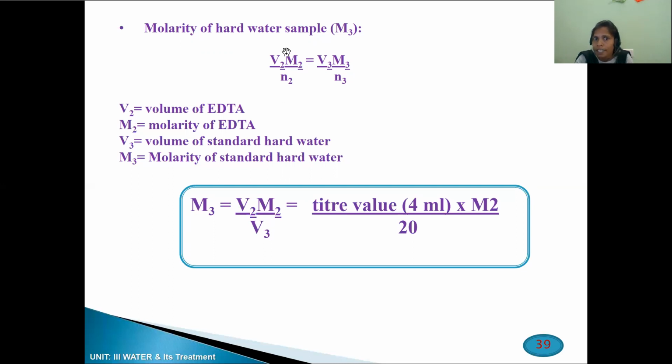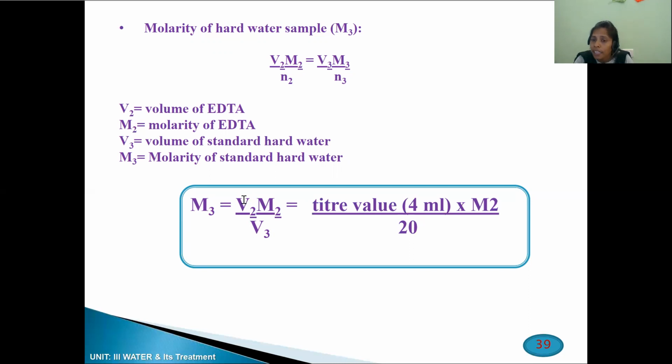Always M2 for EDTA, M3 for our water sample. V2 means volume of EDTA, M2 means molarity of EDTA. V3 means volume of hard water sample, M3 means molarity of water sample. So what is our aim here? We have to find out M3.